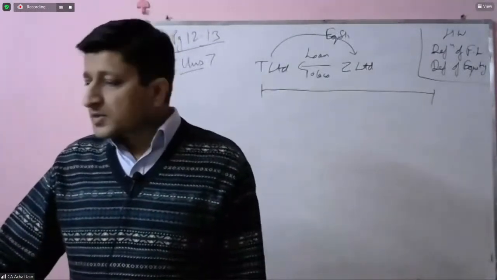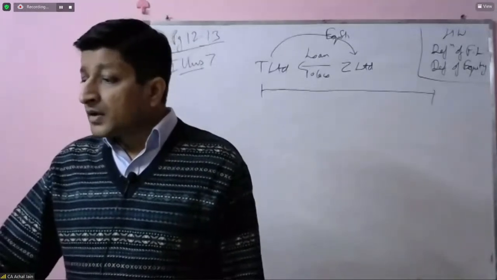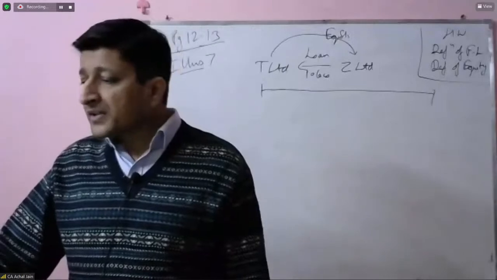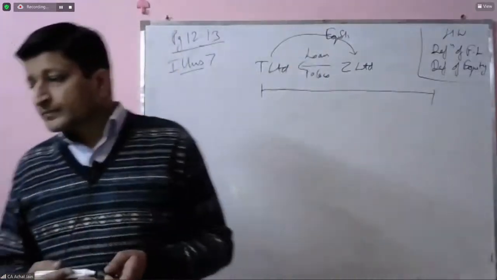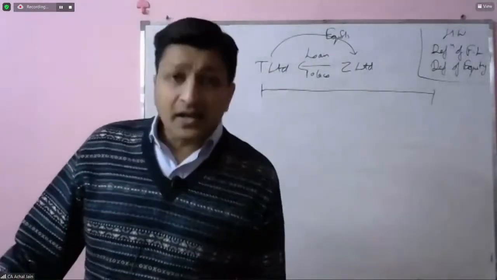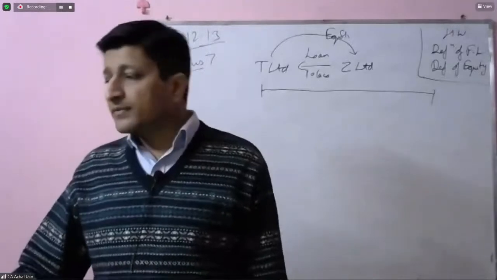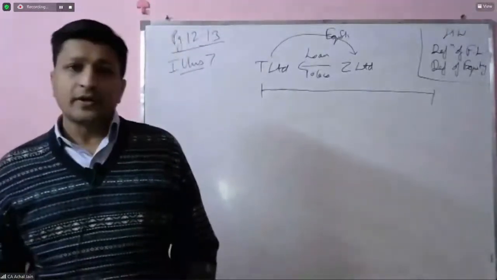For this purpose, the fair value per share to determine the total number of equity shares to be issued, meaning how many equity shares will be issued, shall be determined based on the market price of the shares of T Limited at a future date upon settlement of the contract.